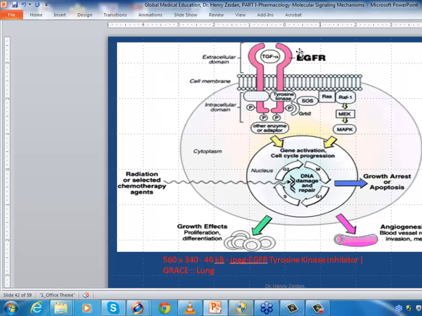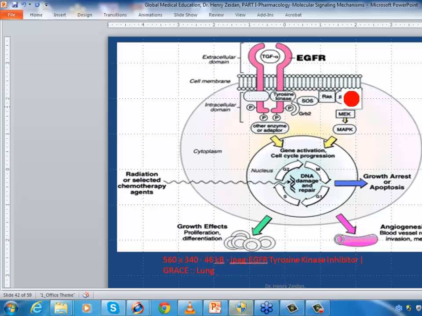Now let's go back to this beautiful illustration that you have here. You have EGF, growth factor receptor, coupled with tyrosine kinase enzyme. You can see that here. Okay, let me get my pointer so you can see what I'm talking about. See, EGF at its receptor coupled with tyrosine kinase, and you're dealing with phosphorylation reactions.